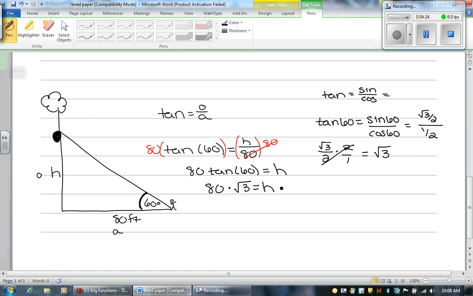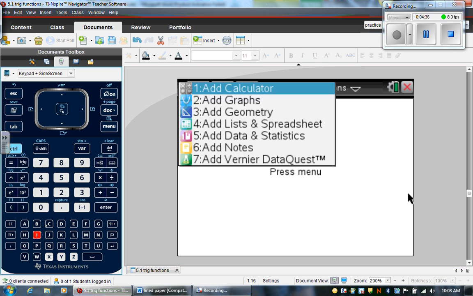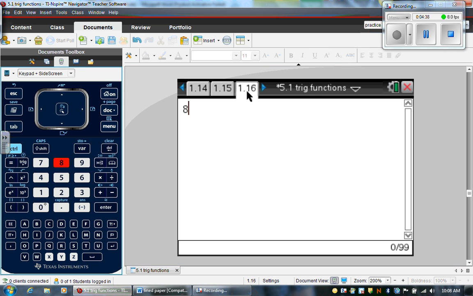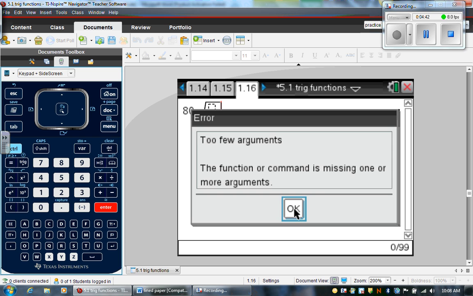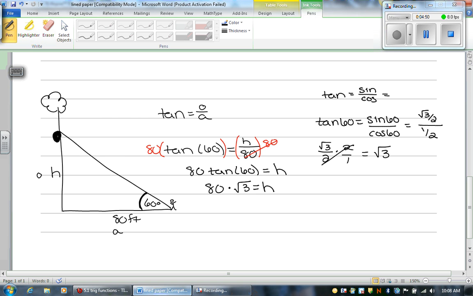Since we're looking for height, we generally don't speak about height in terms of radicals, so we do want to find an approximation here. That brings me back to my calculator. I'm going to do 80 times the square root of 3 in my calculator, and I get approximately 139 feet.